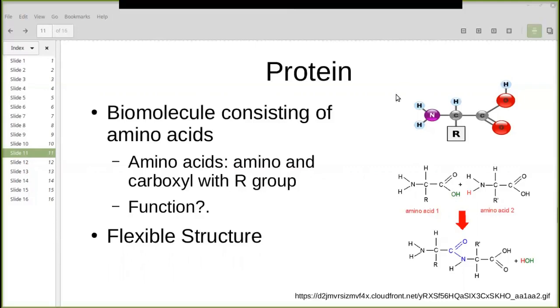So all amino acids have this group, right? And what is this group called? What would be the name of it? The amino group, right? And what would be the name of the group over here?